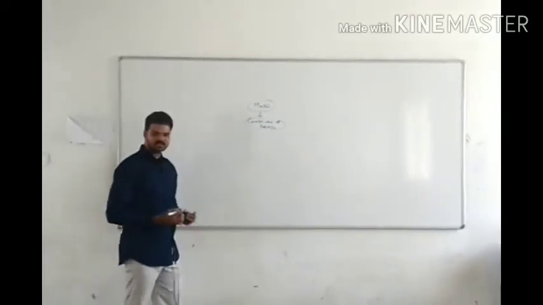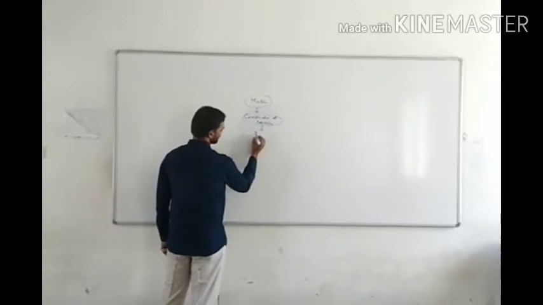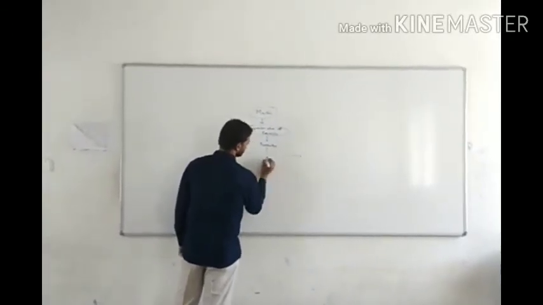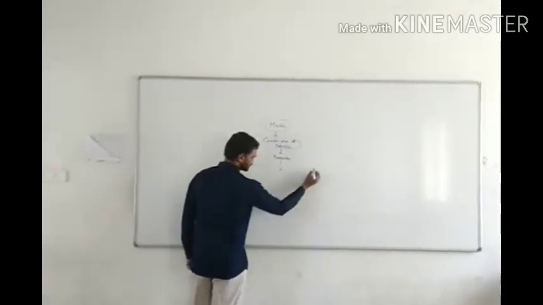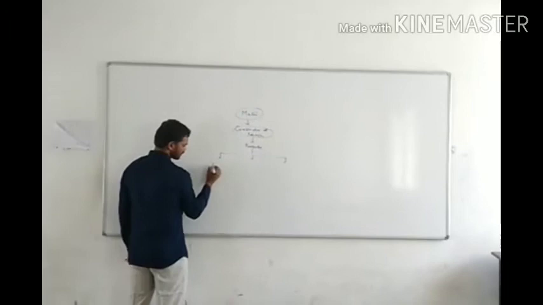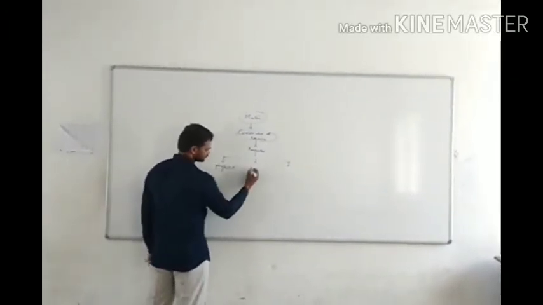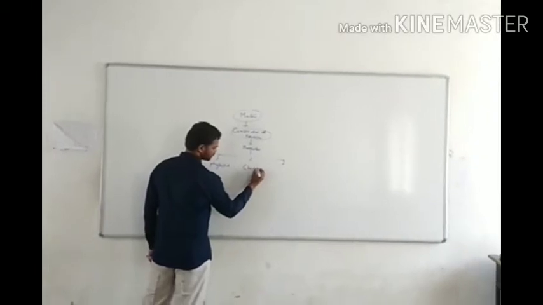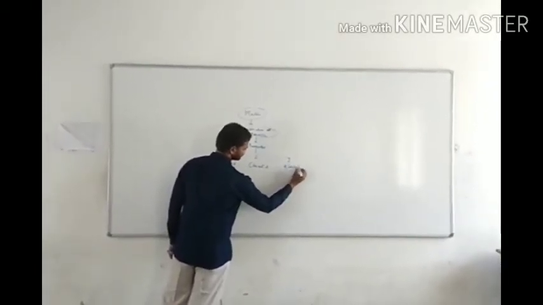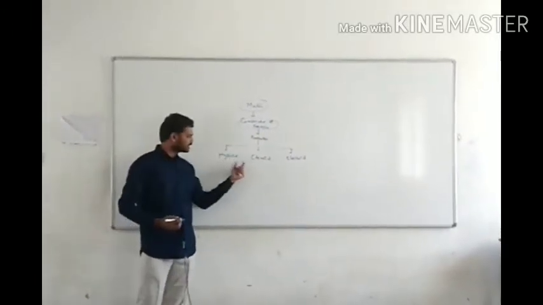So based on the properties, the matter exhibits three different properties. One is the physical property, the second one chemical property, the third one electrical property.